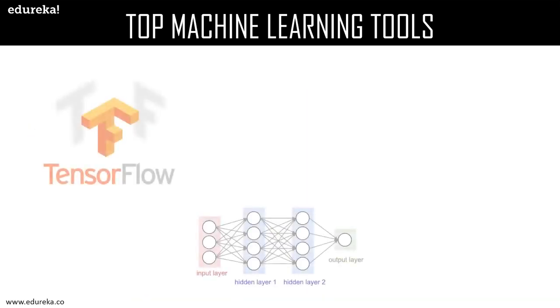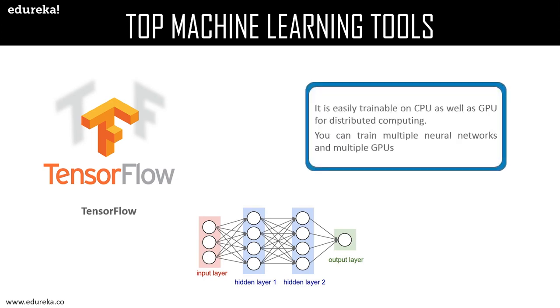So the next library which I'm going to talk about is one of the best libraries out there for machine learning, which is TensorFlow. It is created by the Google Brain team, and it's an open source library for numerical computation and large-scale machine learning. When it comes to the artificial intelligence framework showdown, you will find TensorFlow emerging as a clear winner most of the time. Now, what makes it so special?